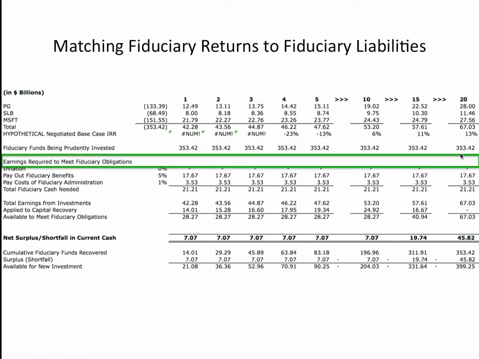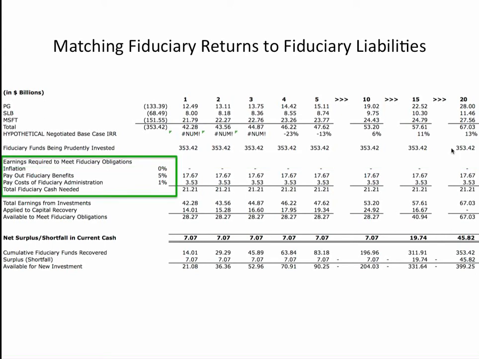Then we look at the earnings that are required to actually meet the fiduciary obligations that this portfolio would be expected to support. Here we have these three line items. We have an allowance for inflation, which for simplicity in modeling we just kept at zero for this iteration. We have the payout of fiduciary benefits, which we budgeted at 5% of the entrusted funds, and then to pay the cost of administering these entrusted funds at 1%.